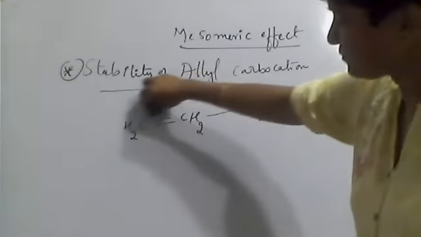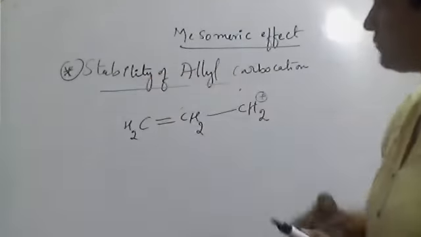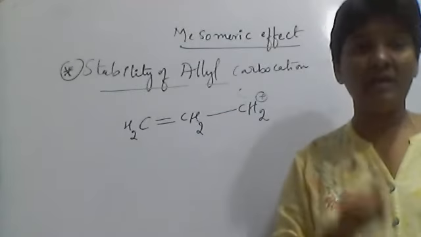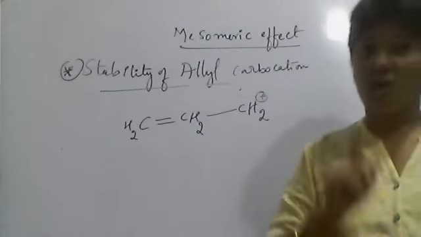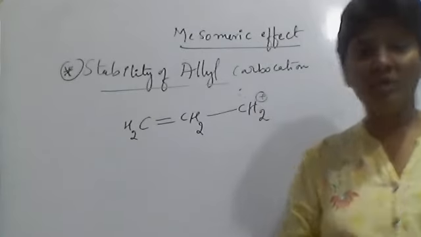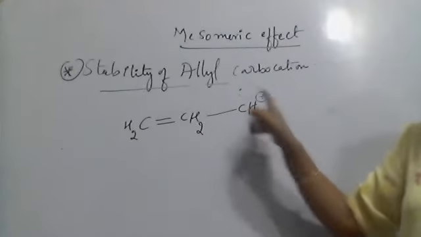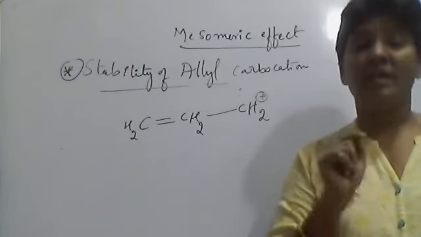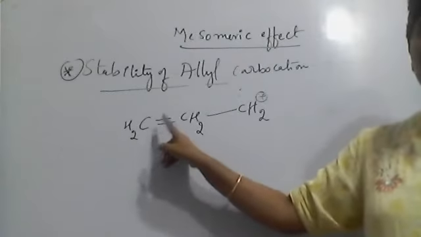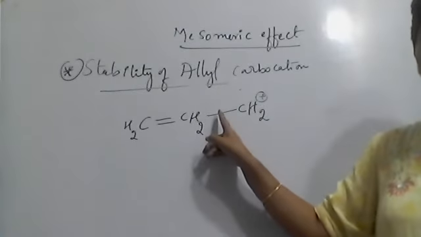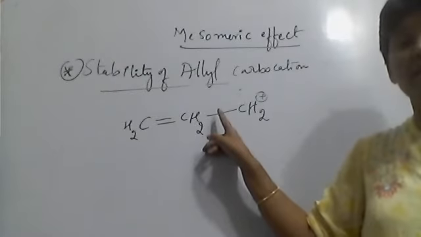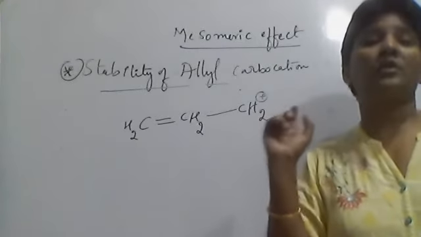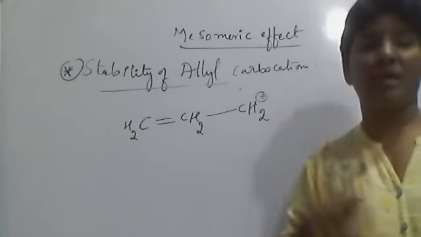So this allyl carbocation's stability is explained by resonance or mesomeric effect. Why? Because here the pi bond is in conjugation with a positive charge. In mesomeric effect, the complete transfer of the pi bond takes place towards a sigma bond, where the next atom has a pi bond, a positive charge, or an electronegative element which attracts the pi bond.